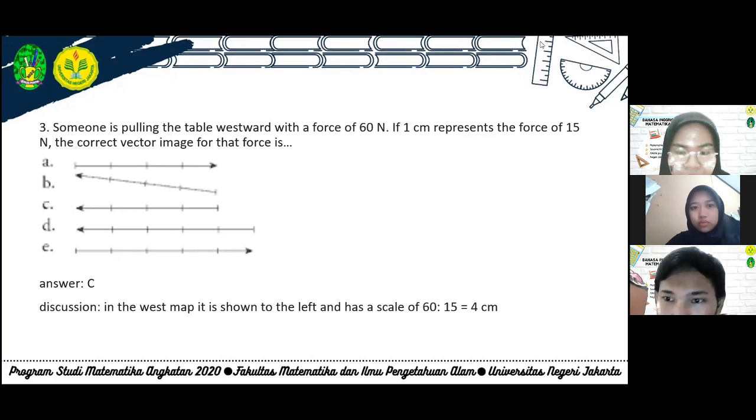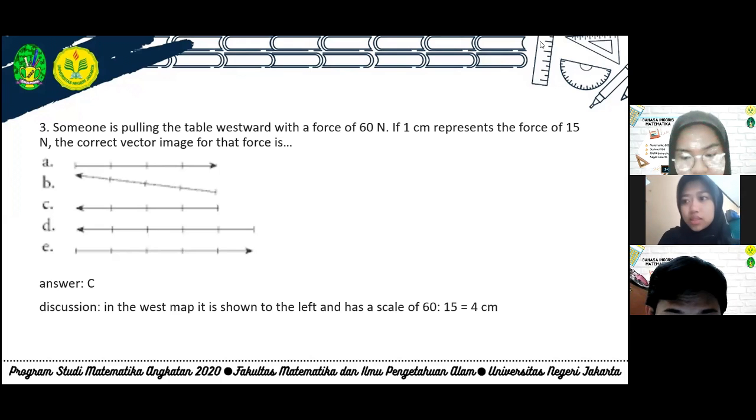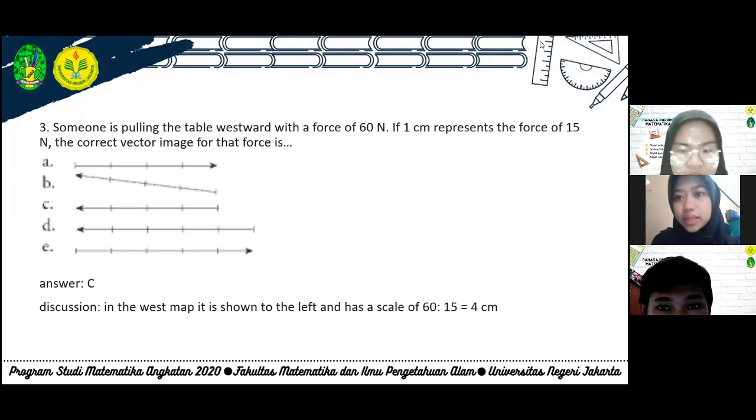Why the choice of A is not correct. Option A is wrong because the instruction is the table is pulled westward, but option A is eastward. And option B is wrong for the same reason as option A, because the table is pulled westward.